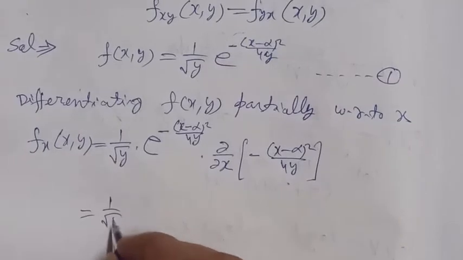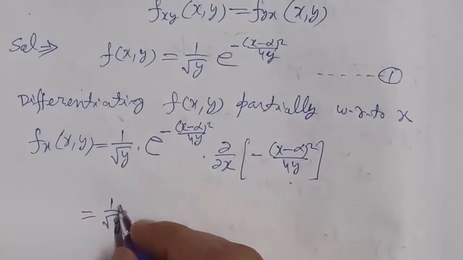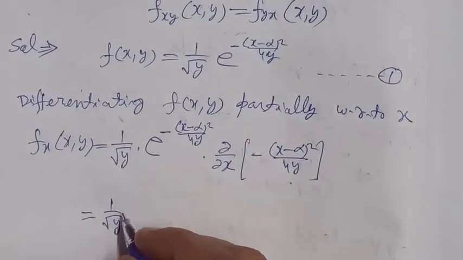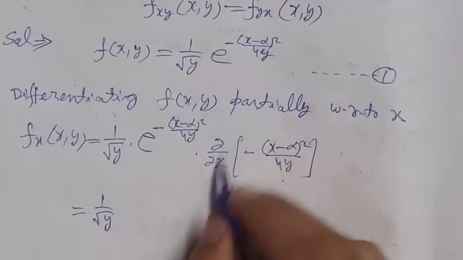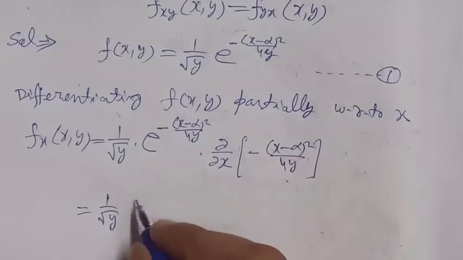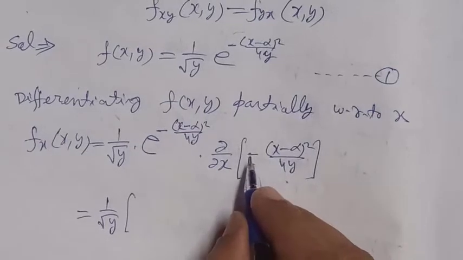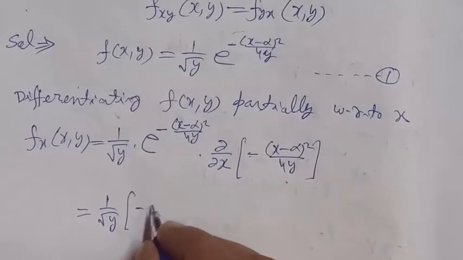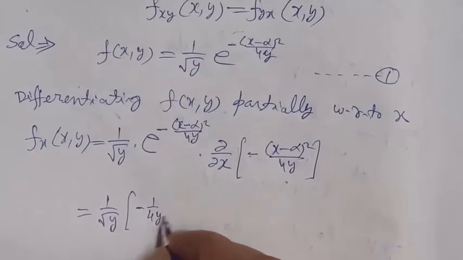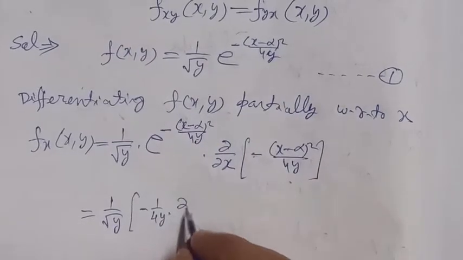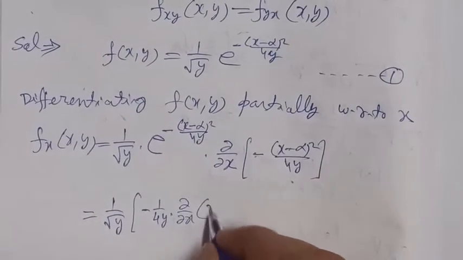1 upon square root y, write it without any change. I write it first here: minus 1 upon 4y is a constant, and we differentiate partially only (x minus alpha) whole squared with respect to x.